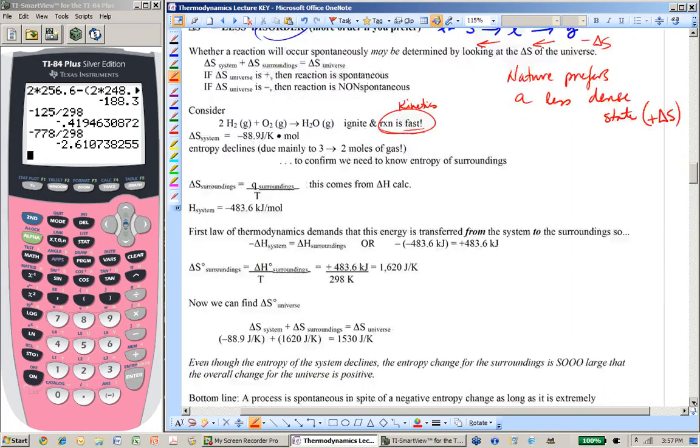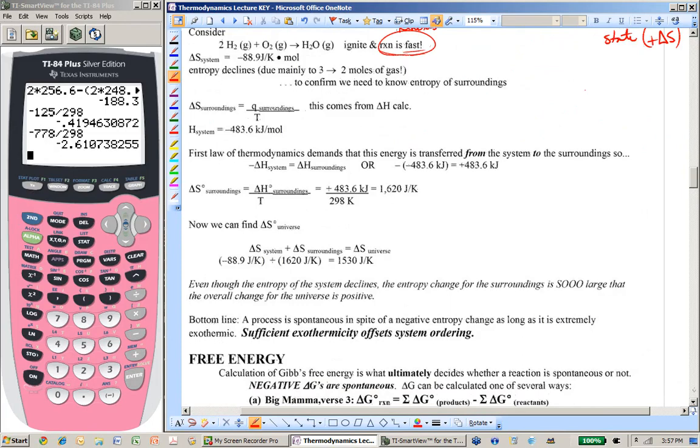All right, so this then goes on to calculate the entropy of the surroundings. So the delta S of the surroundings would be the Q of the surroundings, which would come from a delta H calculation I'll spare you, that comes out to be negative 483.6 divided by T. So the first law of thermodynamics would demand that if this delta H is negative for the system, it would have to be positive for the surroundings, because energy is never created nor destroyed.